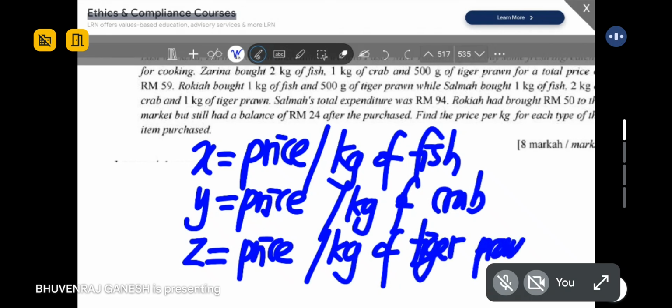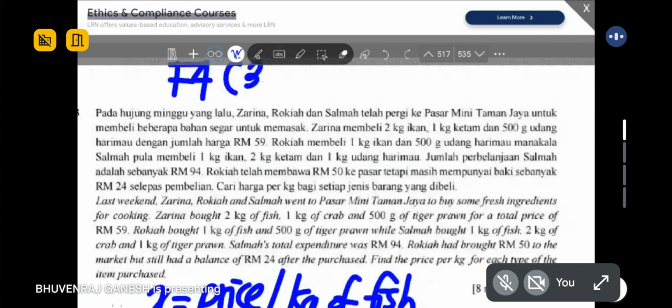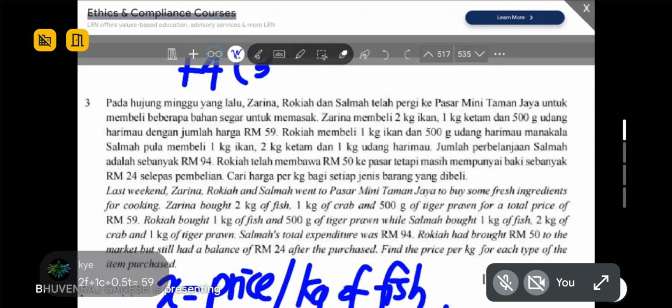Okay, second, can anyone tell your second equation? Persamaan kedua. 2F plus 1C. Okay, wait. Your C is correct, right? Okay. Kai, did you tertukar 2F plus 1C plus... Oh, you're going for the third one.